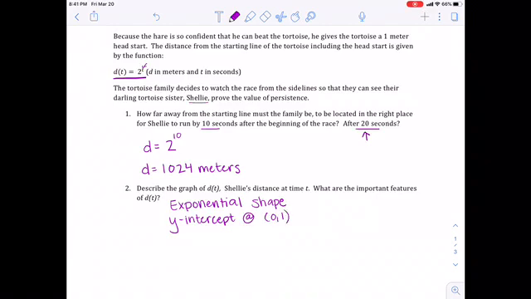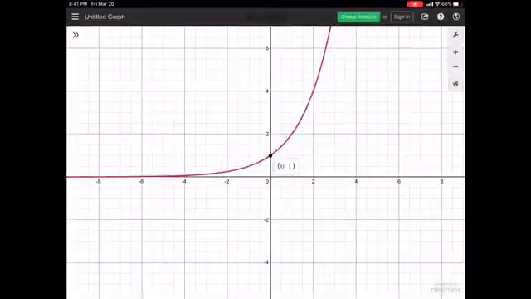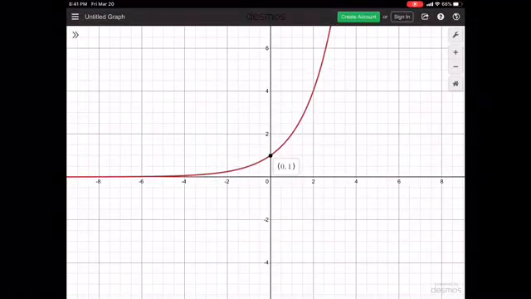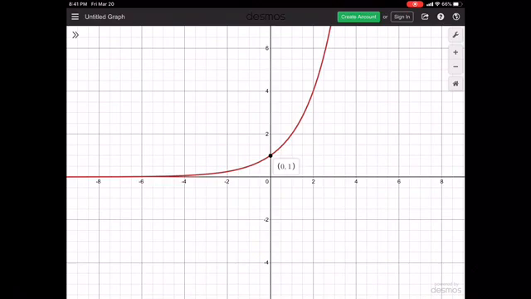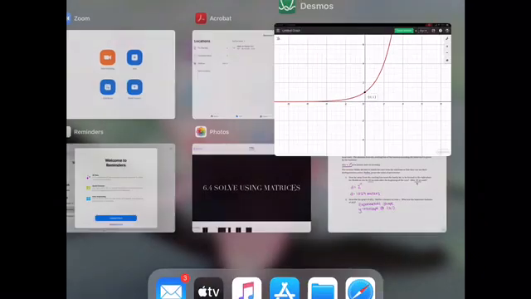And I also notice that I have an asymptote. Remember that an asymptote is a line that the graph gets close to but doesn't cross. And if you look at this graph, I have this asymptote here on the x-axis. My graph gets close to the x-axis, but it never actually gets there or crosses the x-axis.